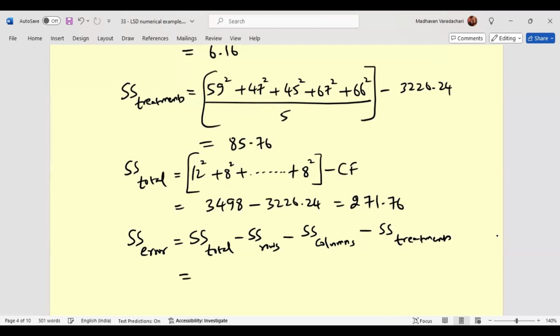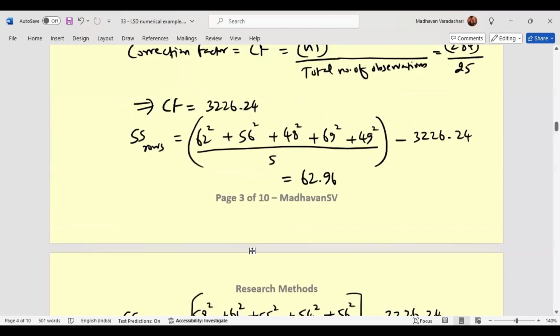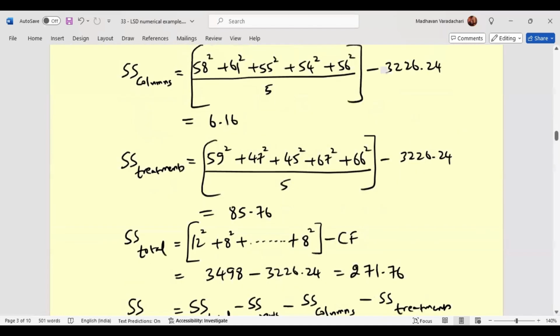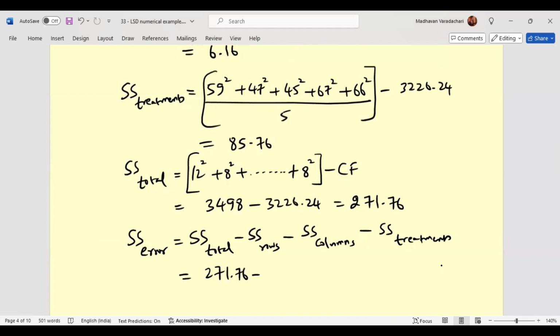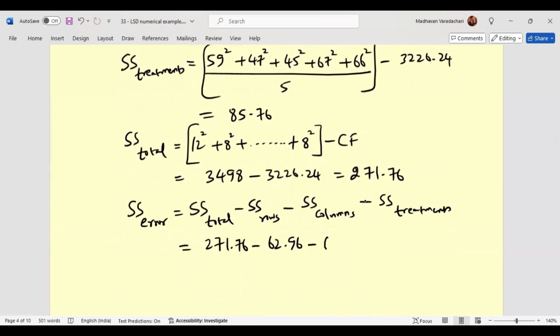And that will be 271.76 minus sum of squares of rows, 62.96, minus sum of squares of columns, 6.16, minus sum of squares of treatments, 85.76. If we subtract all this, we will get the sum of squares of error as 116.88.